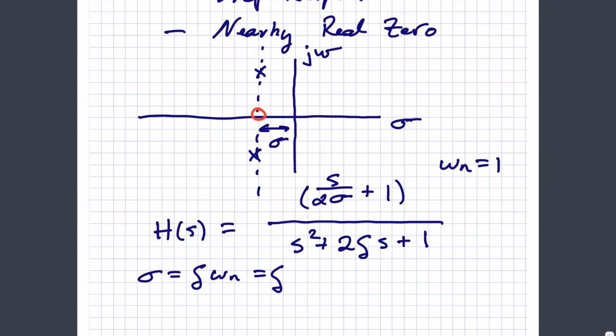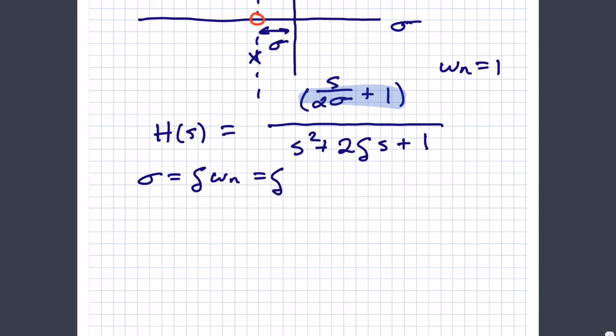Okay, so I'm going to rewind this back to alpha equal 1. And remember, the reason we wrote the zero in this form, I want to once again cover that s over alpha sigma plus 1 equal to 0 gives us the zero location. We can solve for s and we get minus alpha sigma.